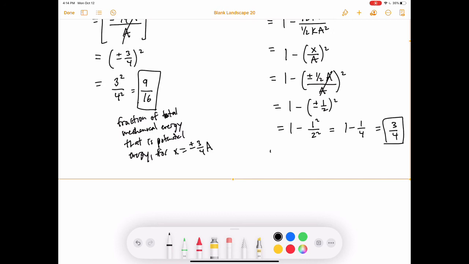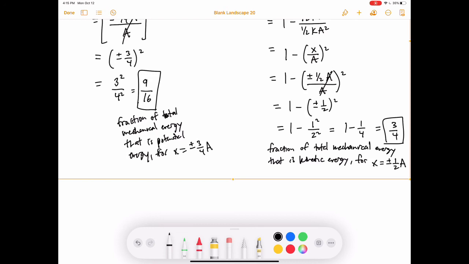So this is the fraction of the total mechanical energy that is kinetic for x is plus or minus 1/2 a.